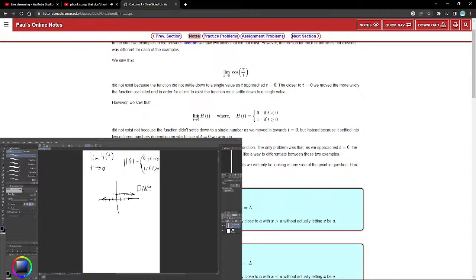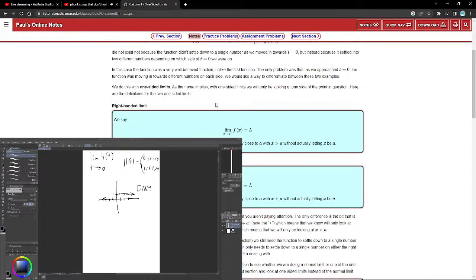In this case, the function was very well-behaved, unlike the first function. The only problem was that as we approached t equals 0, the function was moving towards different numbers on each side.